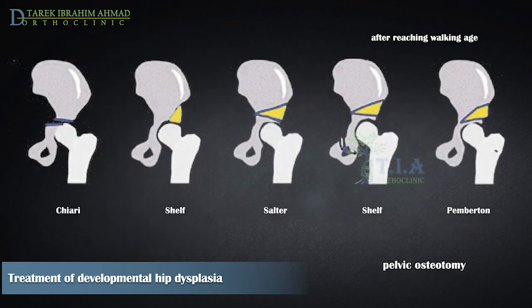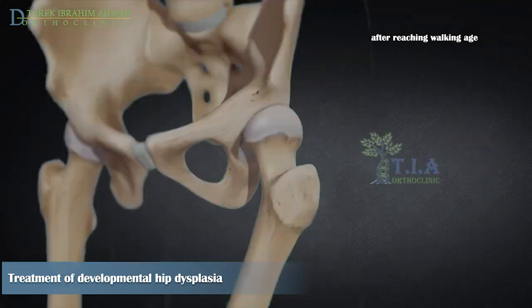For this age group, complementary osteotomy in the acetabular region is also needed to improve the femoral head coverage, such as Steel osteotomy, Dega osteotomy, Salter osteotomy, Pemberton osteotomy, among other types.